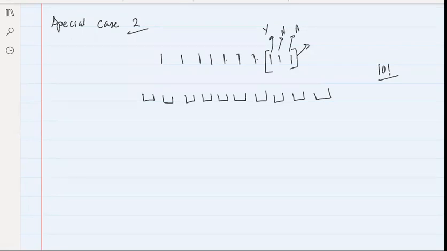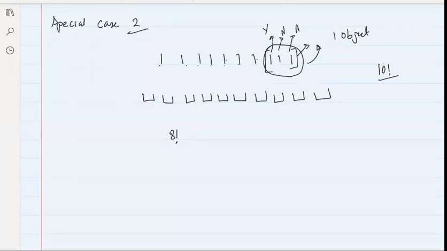Very good. No, it won't be, because now these three have become one object. So if these three became one object, how many objects do we have now? 1, 2, 3, 4, 5, 6, 7, 8. 8 factorial.